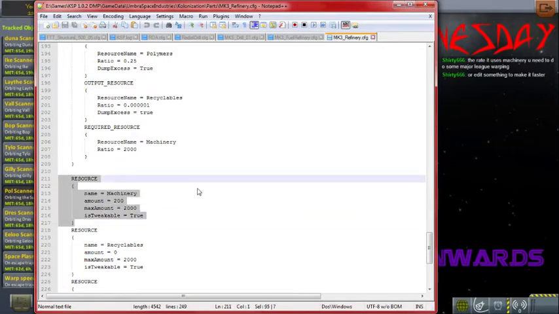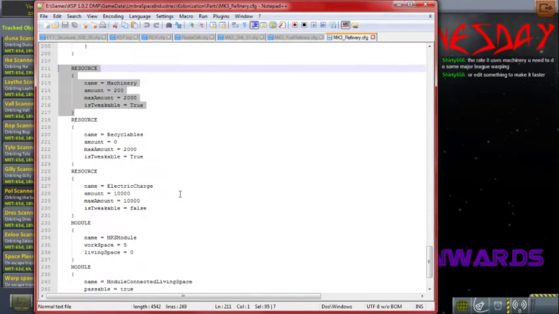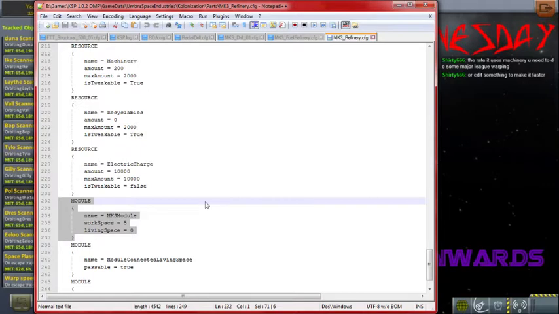Oh, and of course that part actually contains a store of whatever resource. If you wanted to create a part that also has living and workspace, that's the syntax that you need to do it.